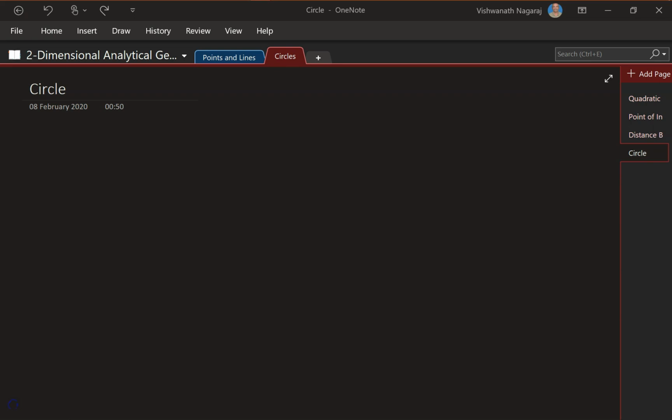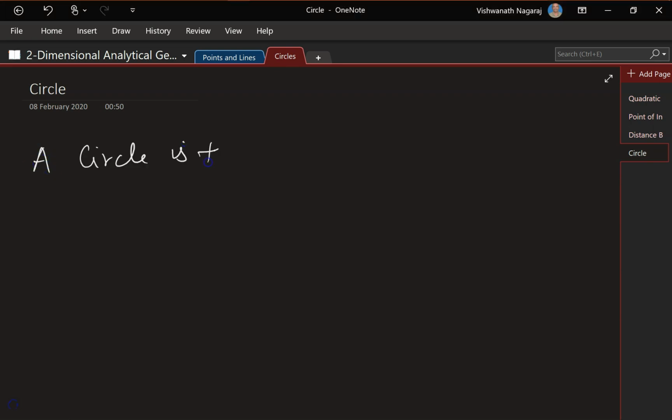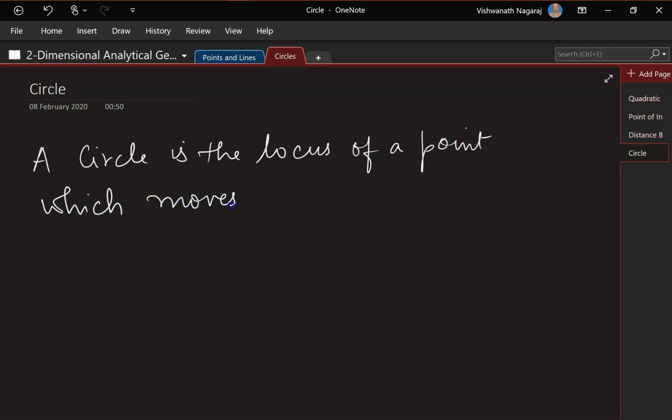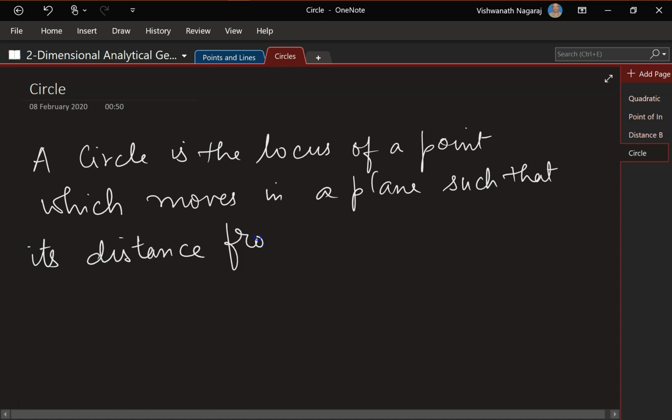Circle. A circle is the locus of a point which moves in a plane such that its distance from a fixed point is constant.